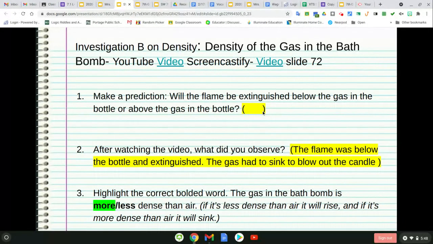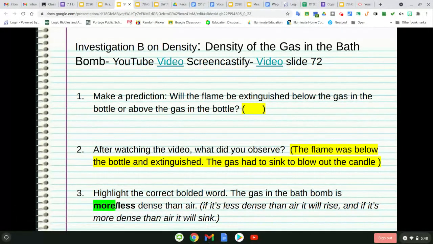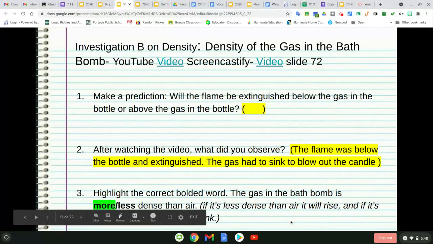Then when we looked at the gas in the bath bomb, we found that the flame was below the bottle and was extinguished. So that means the gas had to sink to blow out the candle. So we're highlighting the word more. The gas in the bath bomb is more dense than air because it had to sink in order to extinguish the flame.